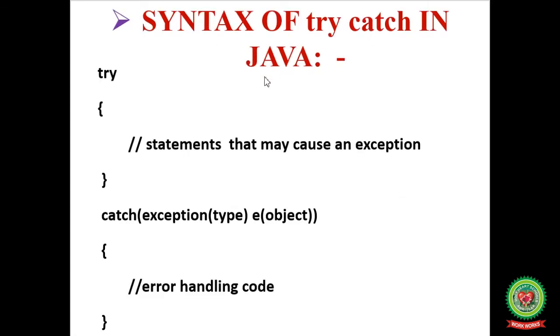Syntax of try catch in Java: try, then in brackets statements that may cause an exception, and then the catch block. In the catch block we are going to write the exception type, then e can be any object, and then the error handling code. We will discuss try catch block in Java with the help of a BlueJ program.